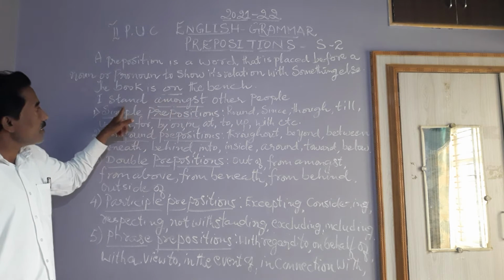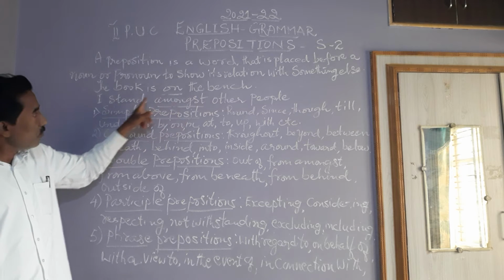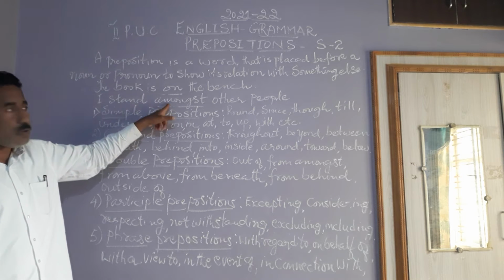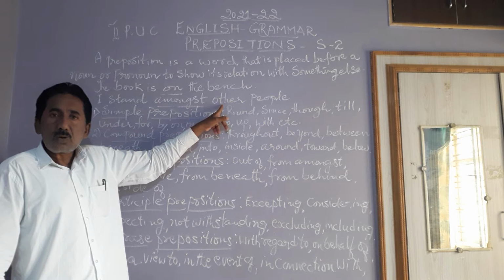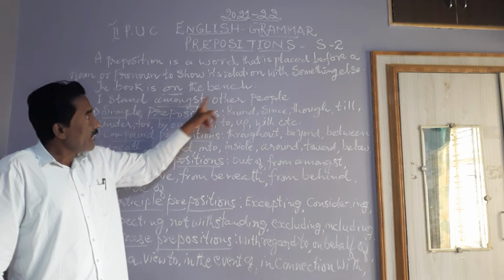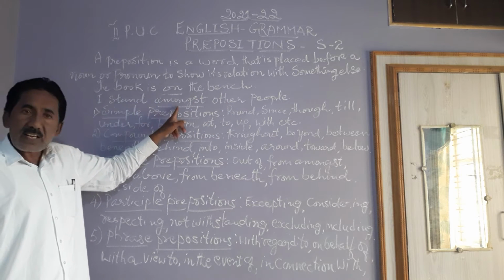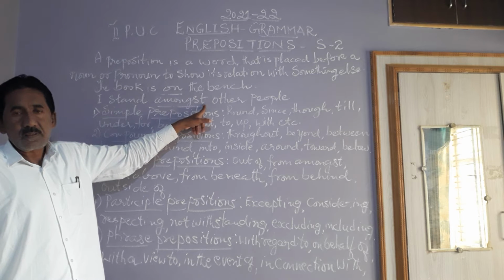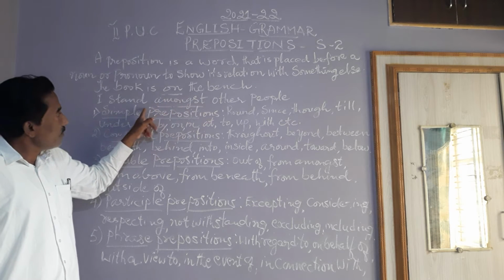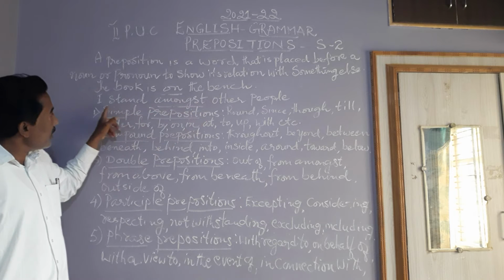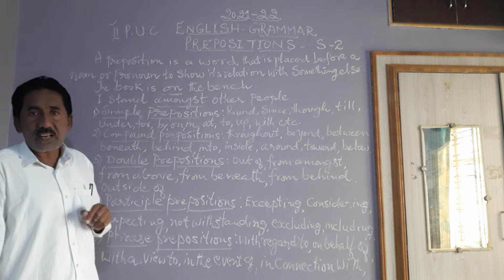We cannot say I stand between other people. When you want to say "I stand between," you should indicate two objects. I stand between two pillars. But here the point is, I stand amongst other people.